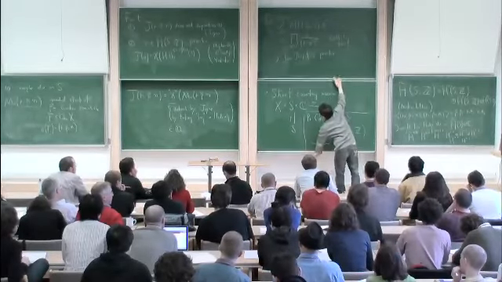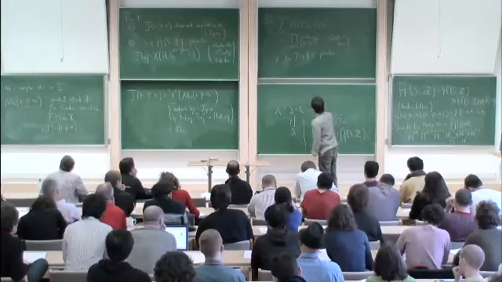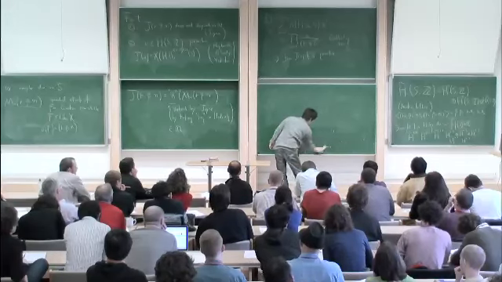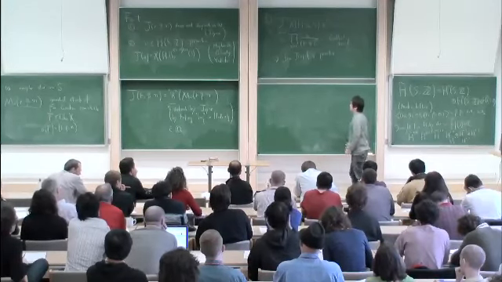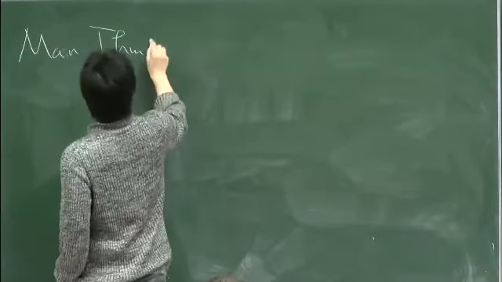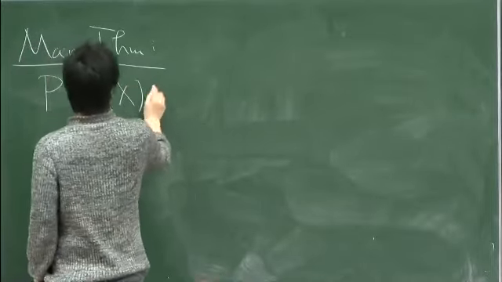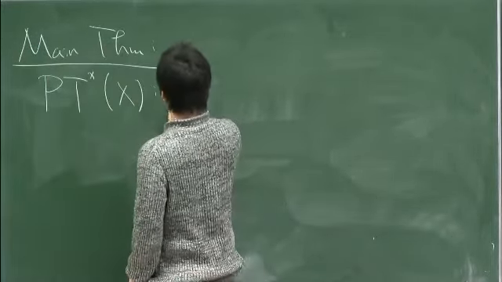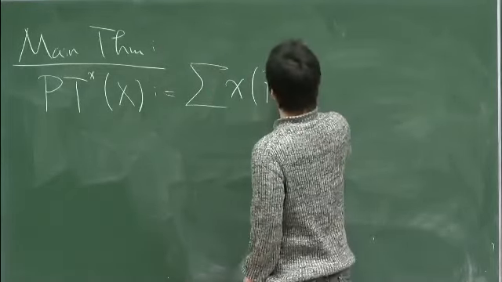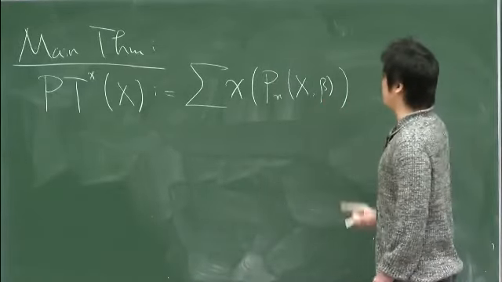Now I'm going to state my main result. The main theorem is the following. If I denote by PT_χ(X) — this χ means I'm taking just the straightforward Euler characteristic — the generating function of Euler characteristic of stable pair invariants, but I don't assume that β is irreducible here.